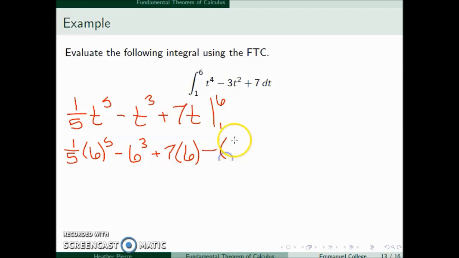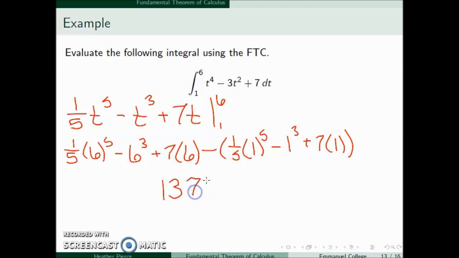So minus 1 over 5 times 1 to the 5th minus 1 cubed plus 7 times 1. And once we evaluate this, we get 1375.